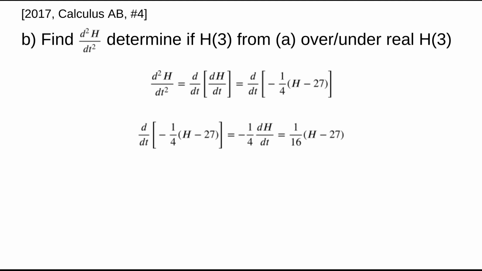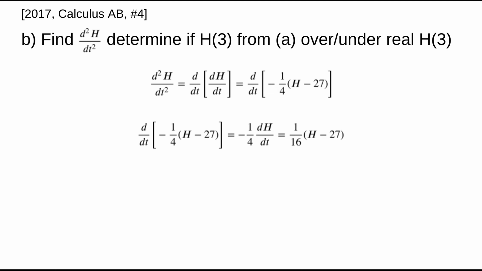Now, because we're also given in the question stem that the internal temperature of the potato is more than 27 degrees for all values of t greater than 0, the h in this equation will always be bigger than 27, and so when we subtract 27 from it, it's always going to be positive. So the factor h minus 27 is always going to be positive, and the 1/16 is always positive.